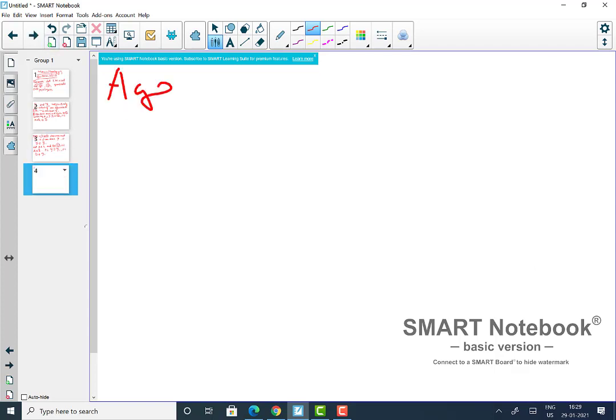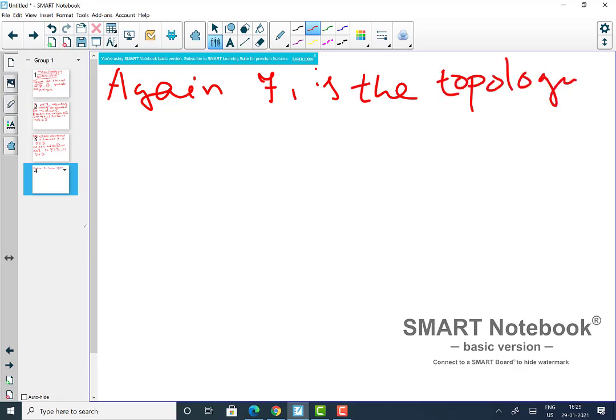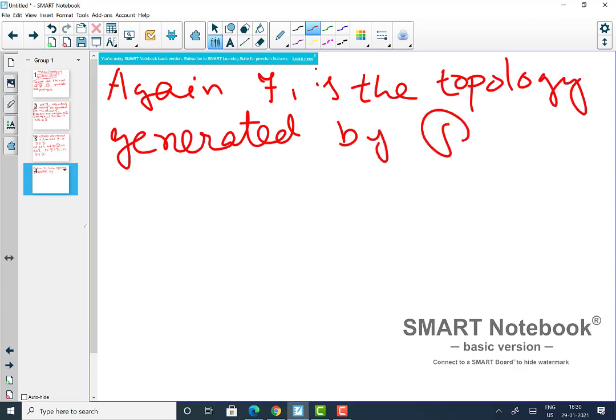Again I can write that tau1 is the topology generated by this B1.